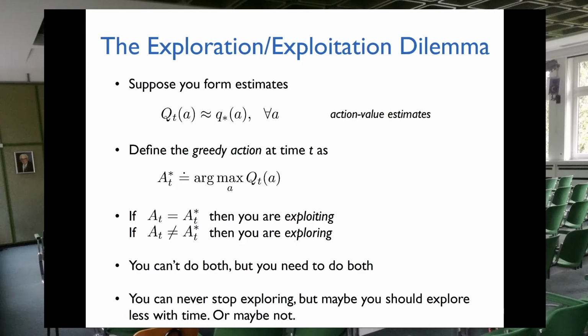So you need to explore, but you cannot also just explore, because then you are not maximizing, you are just randomly selecting actions. So you need to explore and exploit. You can never stop exploring, but maybe you should explore less with time, or maybe not. Why do I say maybe not? It will depend on the kind of environment you are working on.